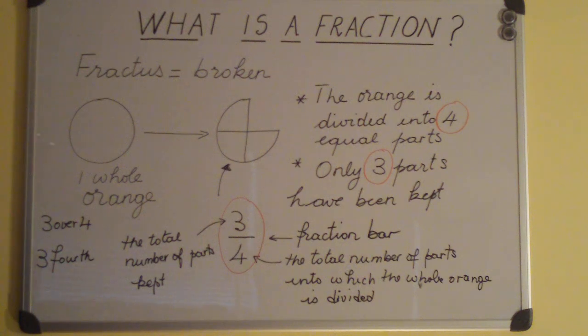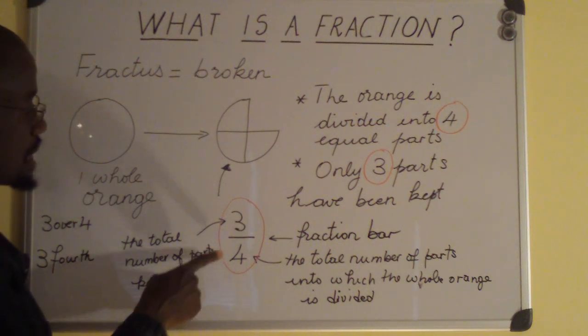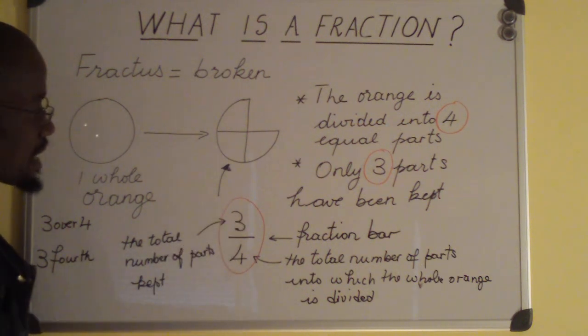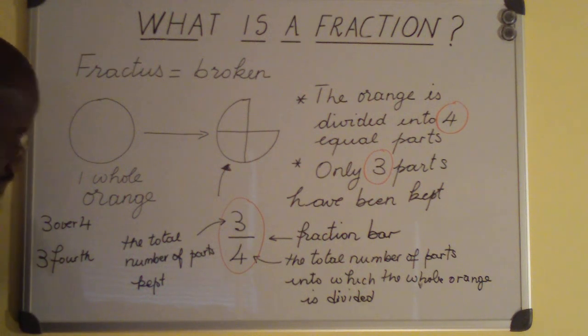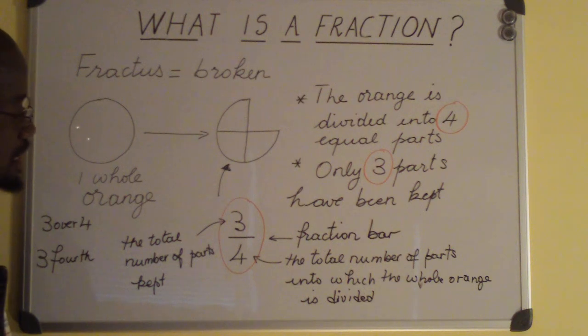Now, one last thing that I would like to mention before I close this talk is that once you've written a fraction, the number on top of the bar is called the numerator of the fraction, and the number below the bar is called the denominator of the fraction.